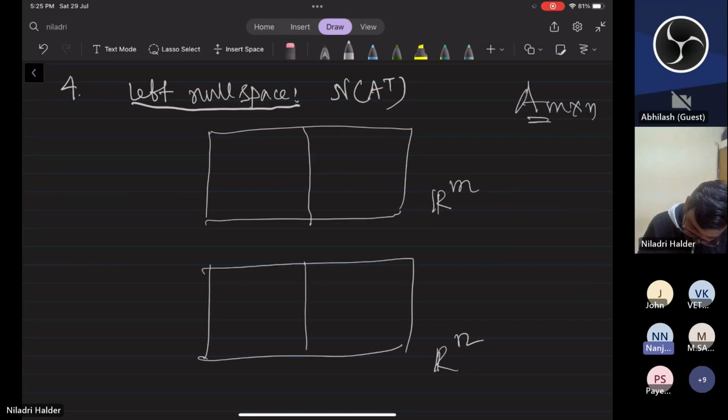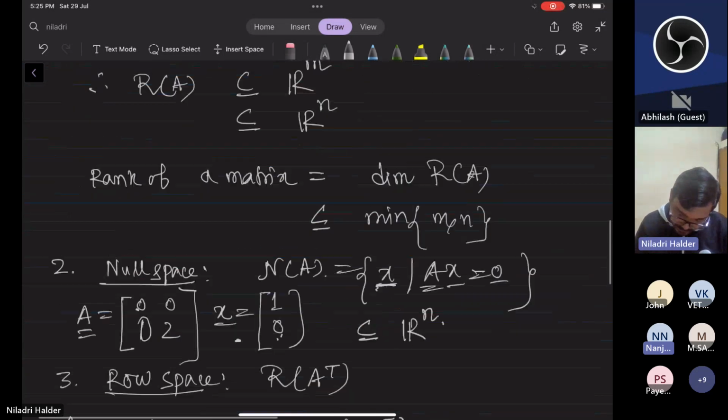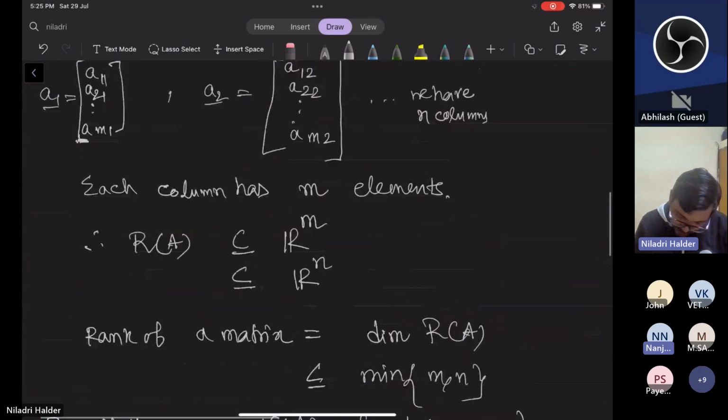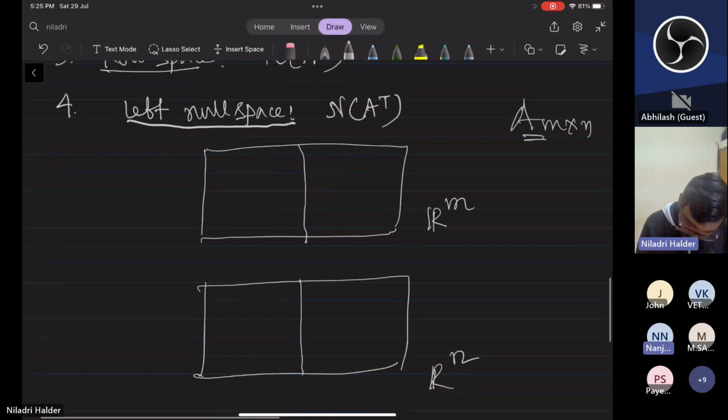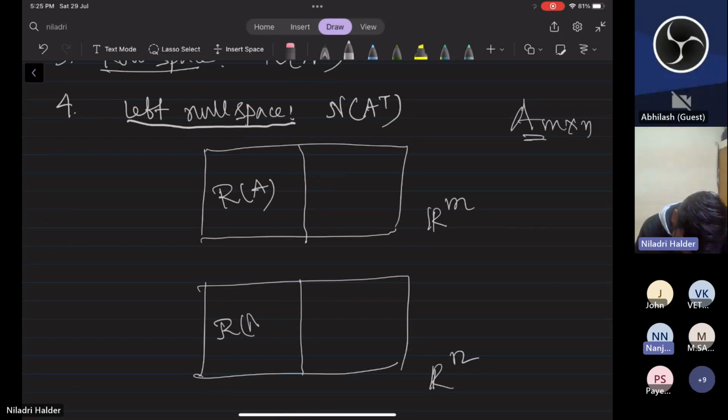The range space is a subspace of R power m. This is the range space of A, and this is the range space of A transpose.